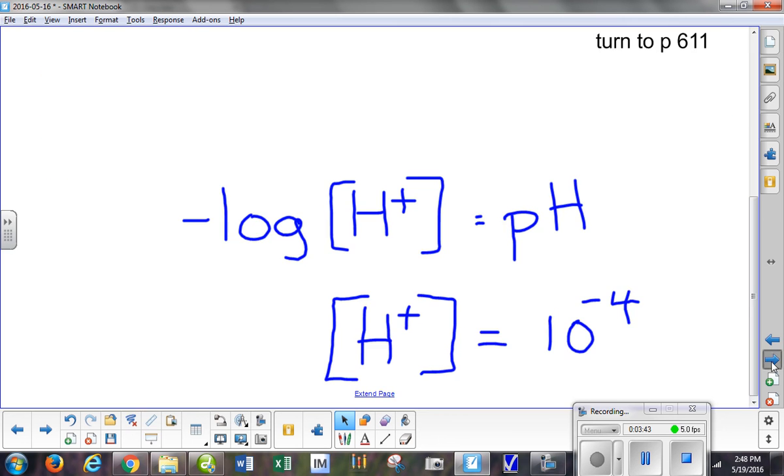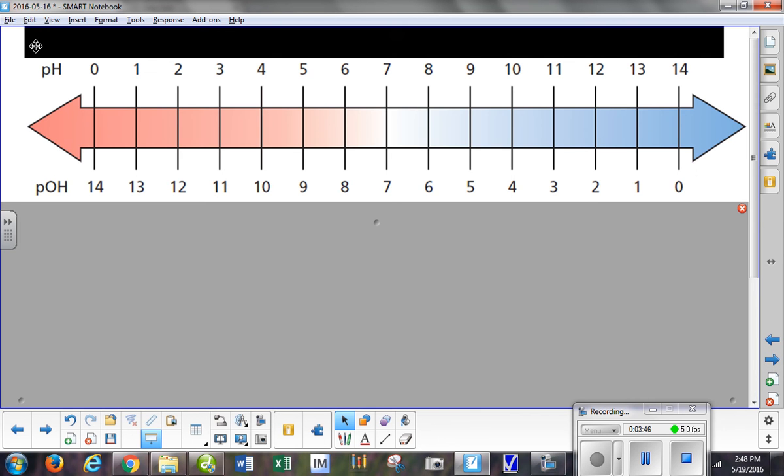So, now let's look at this. The hydrogen ion concentration is 1. The minus log of 10 to the 0 is 1. Or 10 to the 0 is 1. So the pH is 1. Or the pH is 0, I'm sorry. pH is 0 for a value of 1.